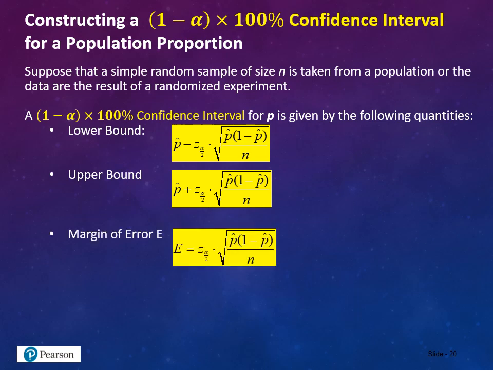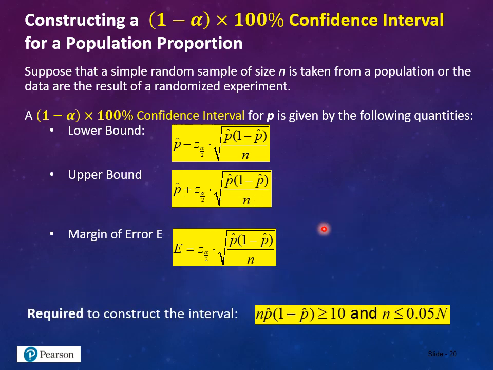Okay. Our margin of error is simply the plus or minus figure that you see here, right? And that's our critical value times the square root of p hat times 1 minus p hat over n, which is of course our sample size.